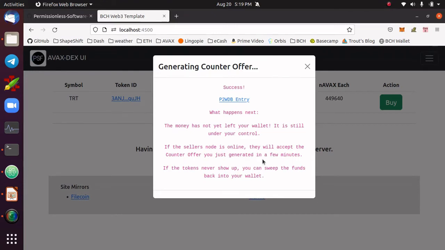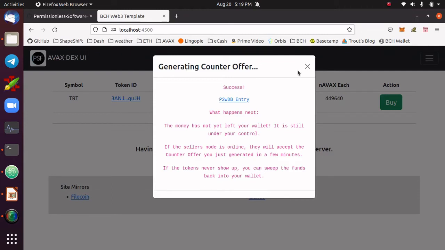And so the trade is atomic, so at all times you either have the money or you have the tokens you wanted. You can only exist in one of those two states. And in the next video, if this didn't go through and some tokens disappeared from your wallet or some Avalanche, I will show you how to recover that.